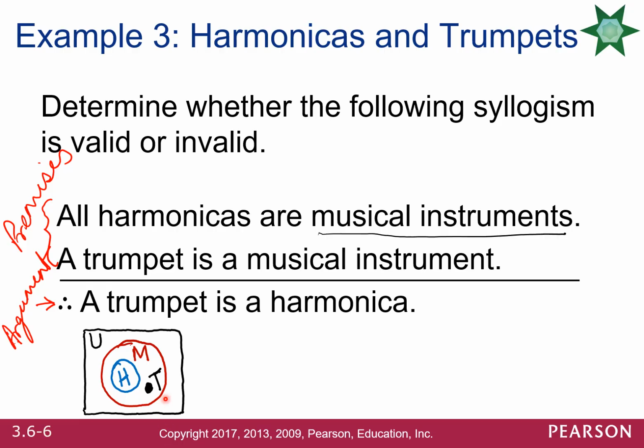So the trumpet should be within the circle of musical instruments, but not inside the circle of harmonicas, because trumpets are musical instruments, but they are not harmonicas, so they should be outside the circle of harmonicas, correct?